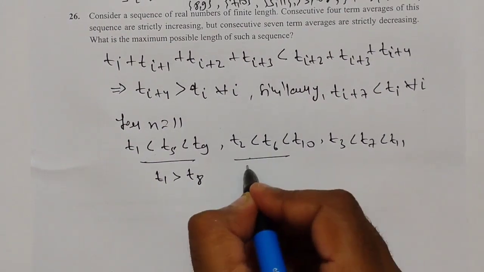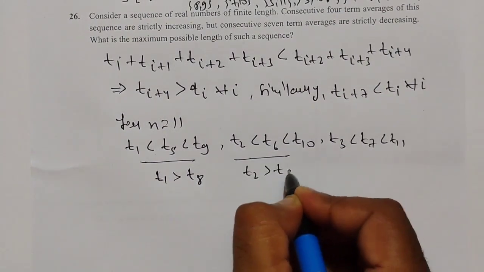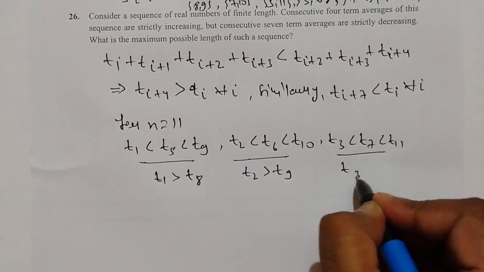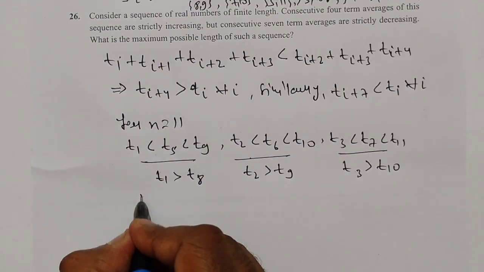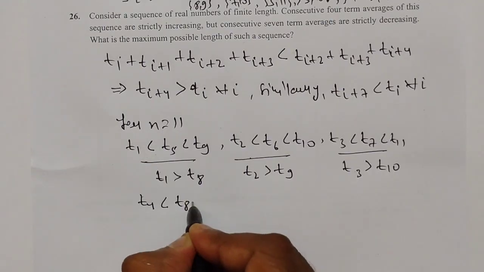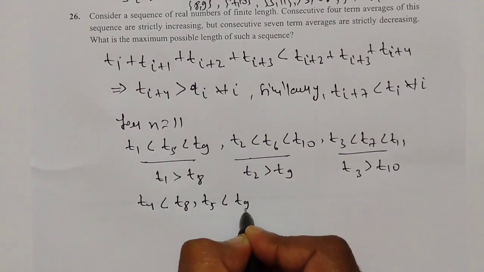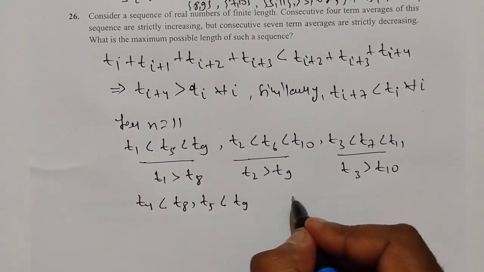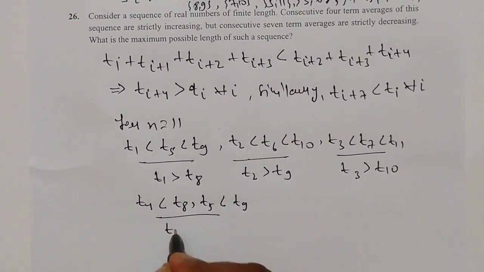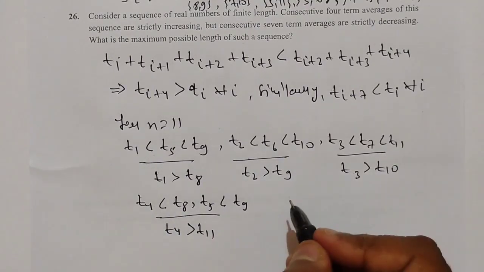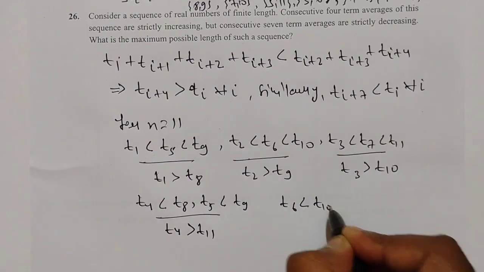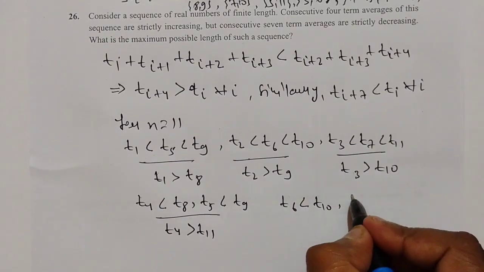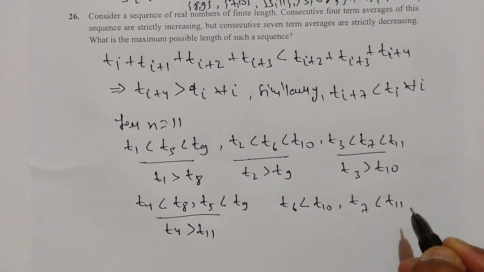This is for t2 greater than t9, and this is for t3 greater than t10. Now the fourth case is t4 less than t8 and t5 less than t9. So this is the case for t4 greater than t11, and the last is t6 less than t10, and also t7 less than t11.